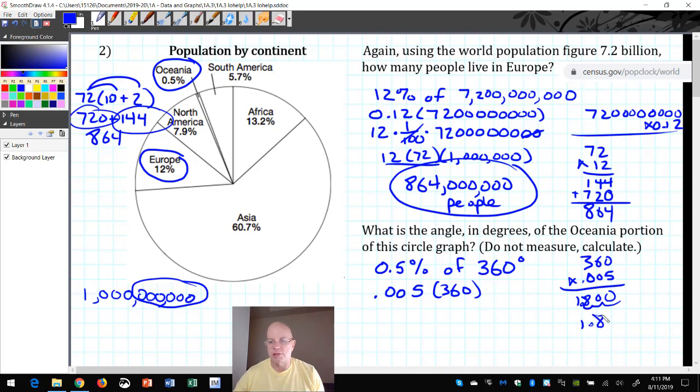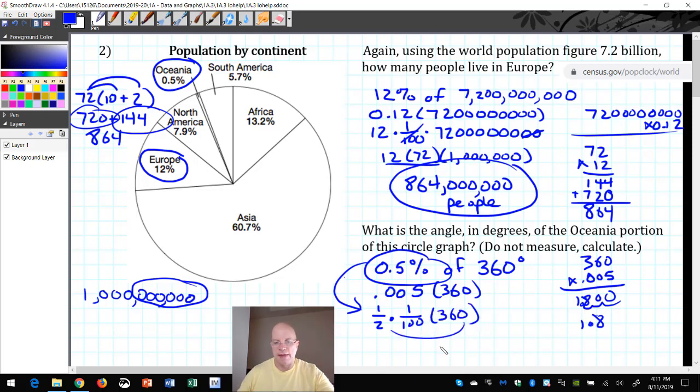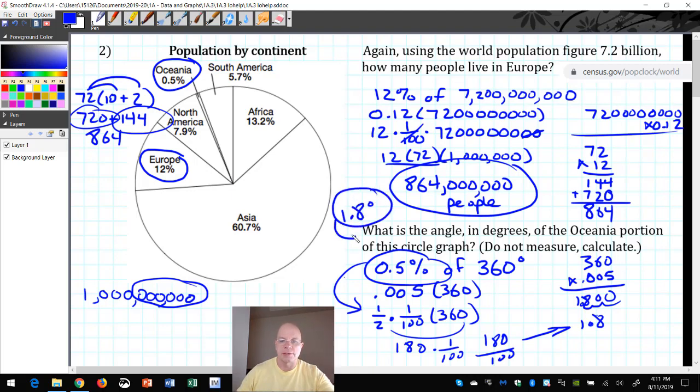I think that's just as efficient as the other thing I'm going to suggest, which is understanding that this is, if I start from here, 0.5 is half, so 1/2%, 1/2 hundredths of 360, and then I can associate the half and the 360 and get 180 hundredths, which would be 180 over 100, which will also give you 1.8. But in any case, 1.8 degrees will be the answer to number 2.